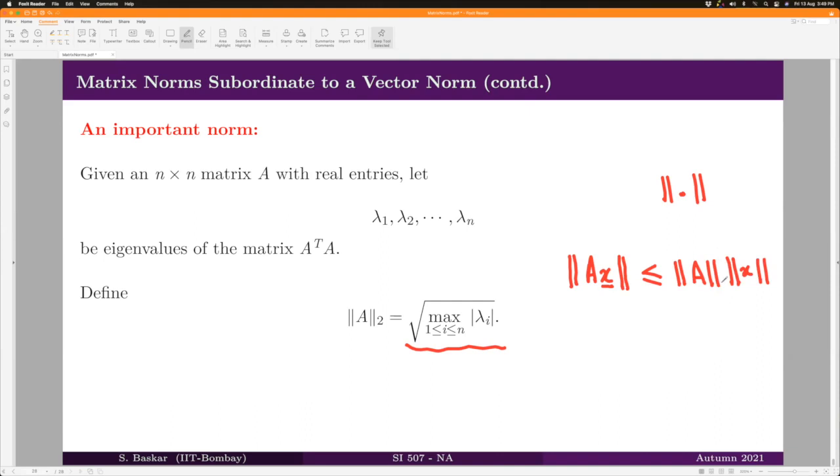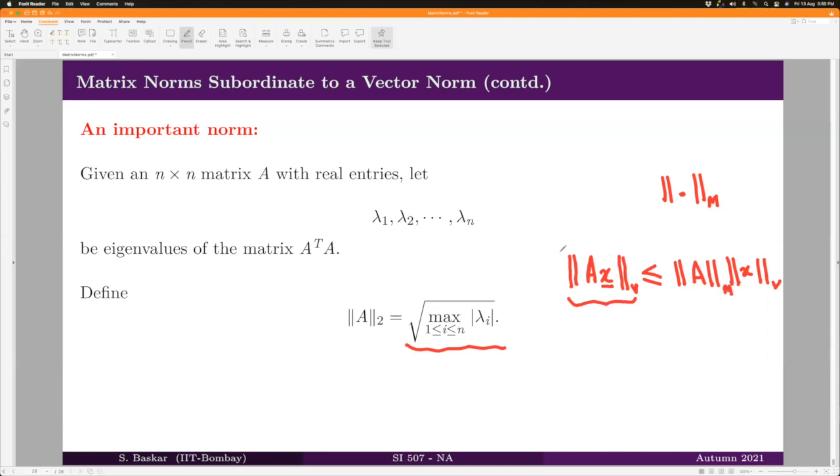So here you should be able to distinguish between a vector norm and a matrix norm in the way they are used. For instance, here you can see that this is the vector norm. For clarity, let us denote it by V here. And you should have the same vector norm applied on x also. And for clarity, let us denote the matrix norm by M. Then you have M here.